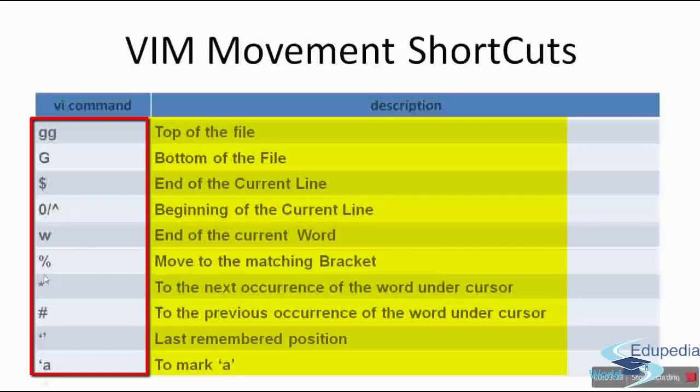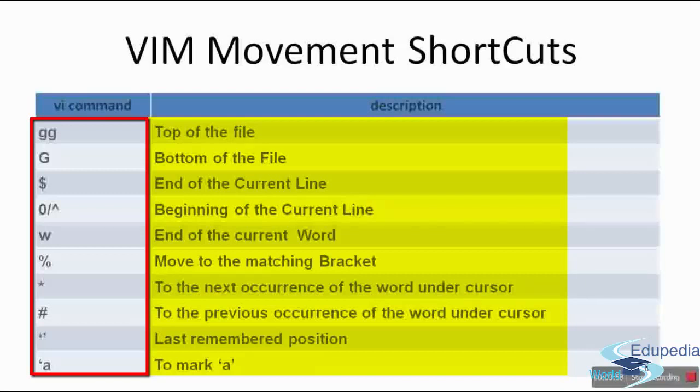Then you have percentage, which will actually move you to the next matching bracket. This is very important for the programmers, because most of the times the syntax of the programming languages is such that it is divided into various blocks using brackets, and you struggle to find which is the corresponding closing bracket. So this is a feature which is provided by VI Editor.